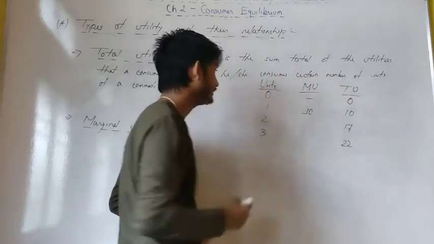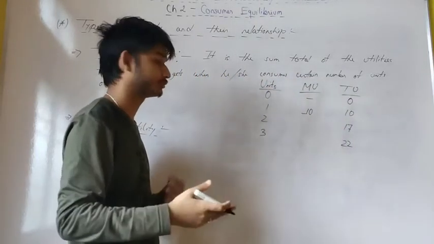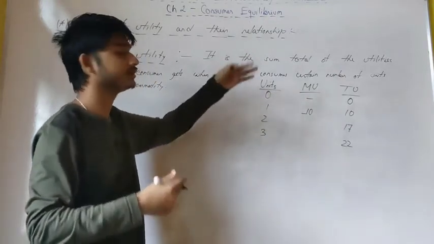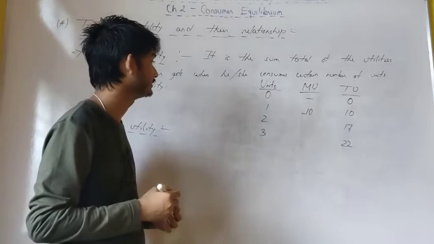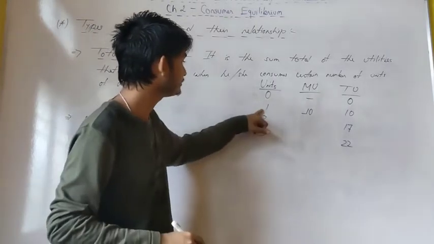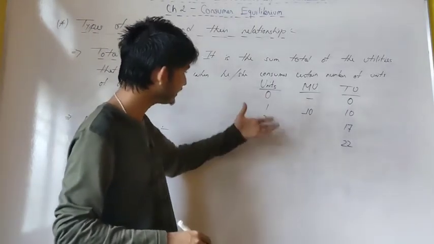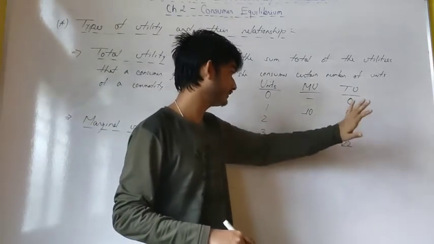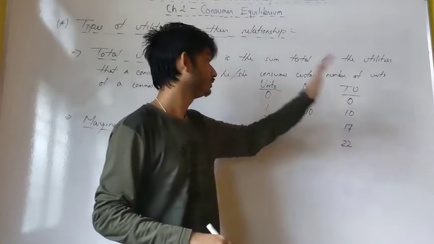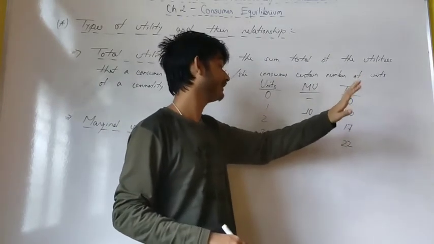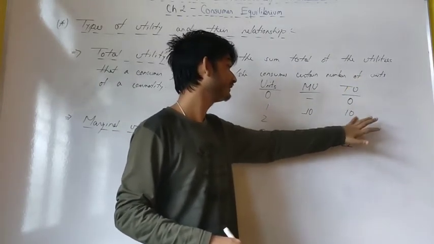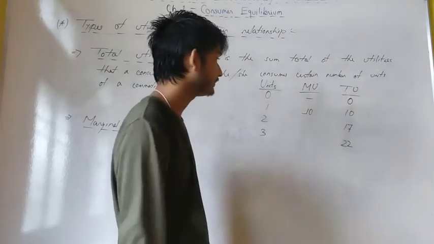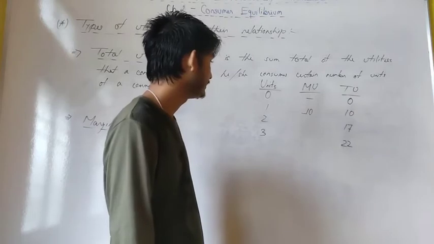The first one has nothing to subtract before it, because before 0 there is nothing basically. So when he consumed the first unit of the commodity, there is some addition, so we can deduct 0 from 10. 10 minus 0 is 10.